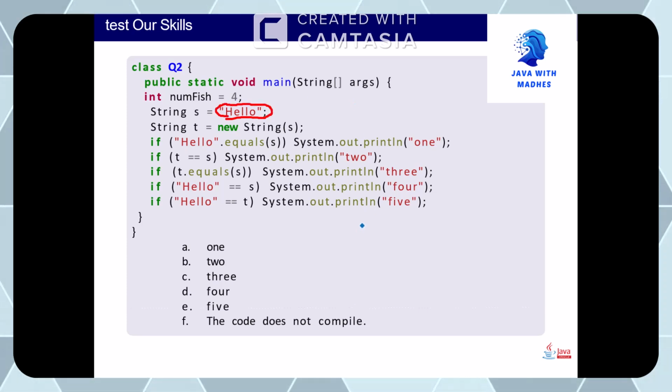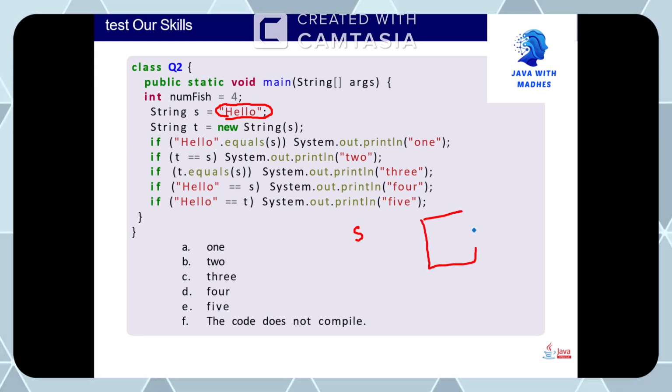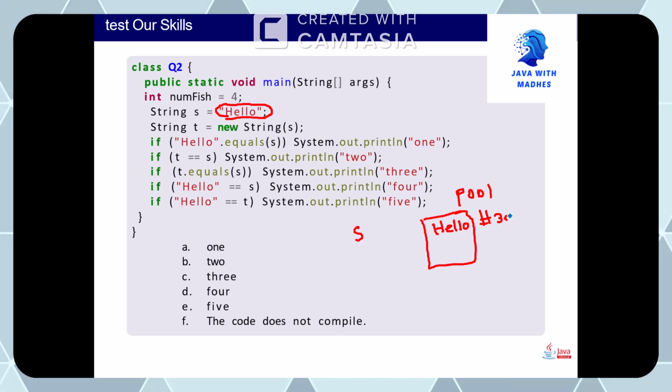So I will write it neatly. s will be created using the string pool. So this is a pool, then hello will be stored here. And then we will give a memory location also for easy reference. So this line is over.